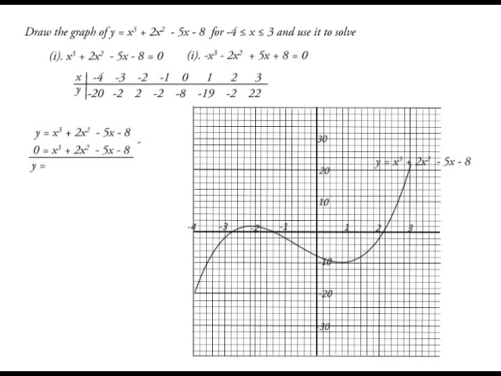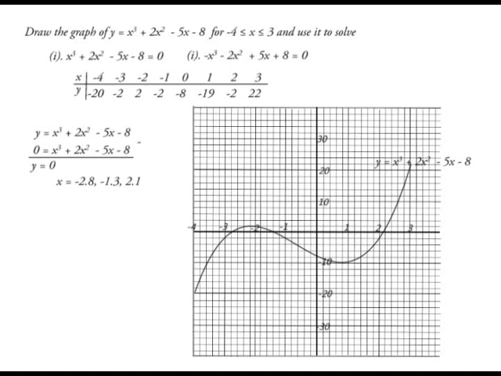If we subtract the right hand side, it will subtract out, and so we shall end up with y = 0. So we find the values of x at all points where the graph cuts the x-axis, because the x-axis is the line of y = 0. That will be -2.8, 1.3, and 2.1. So those are the solutions for the first equation.